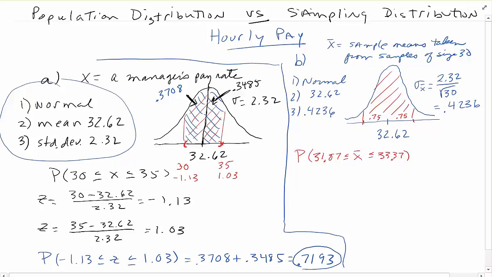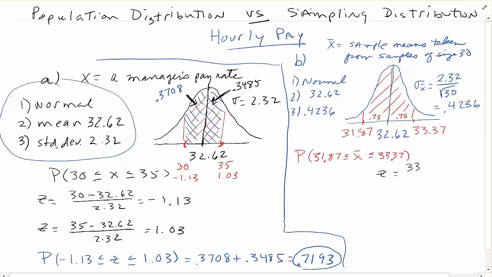So to find the probability, I'm going to go to the standard normal table, and because of symmetry, I'm just going to look up the 33.37 and then know that the area to the left of the center is going to be the same, going down to the 31.87.